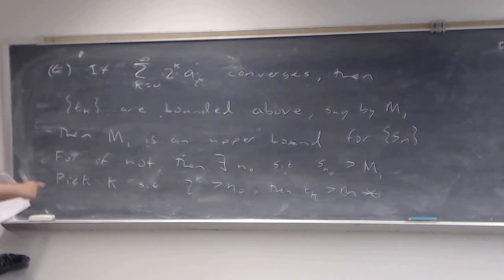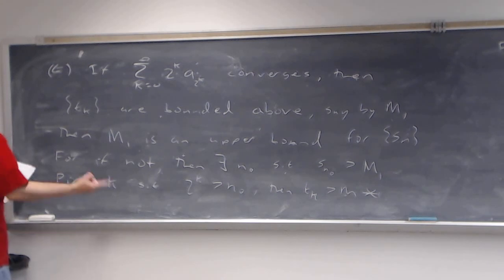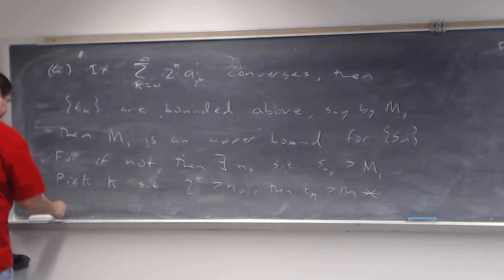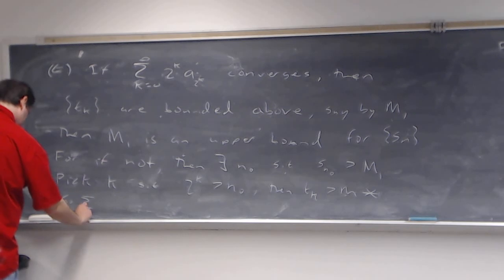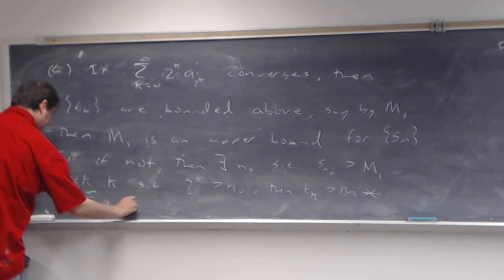And so this m sub 1 is the upper bound of the sequence of partial sums for the a sub k series. And so its partial sums are bounded, and thus, since they were positive term series, that means that this series, as n runs from 1 to infinity, of the a sub n's converges.